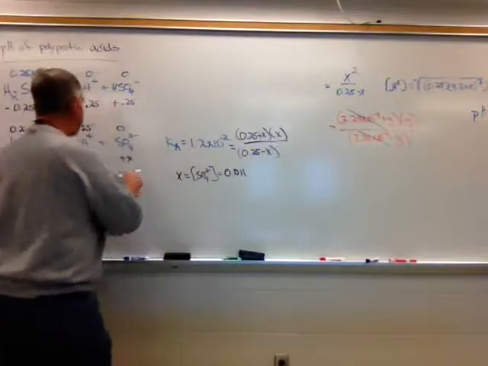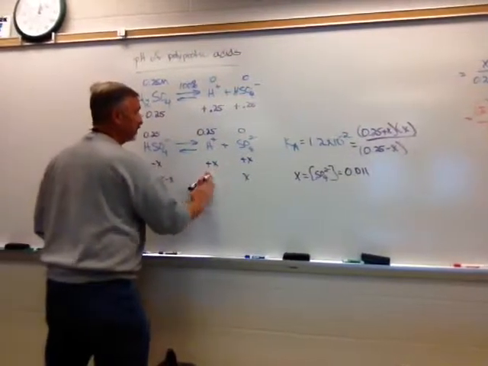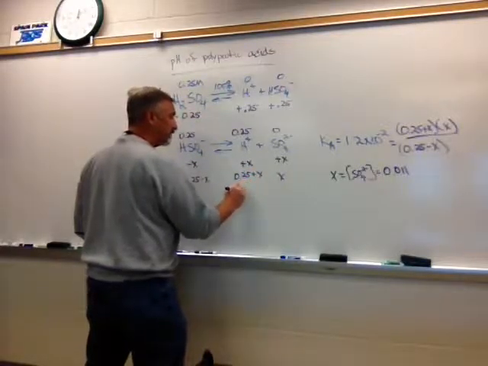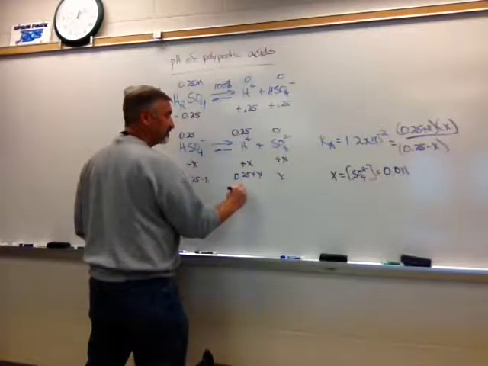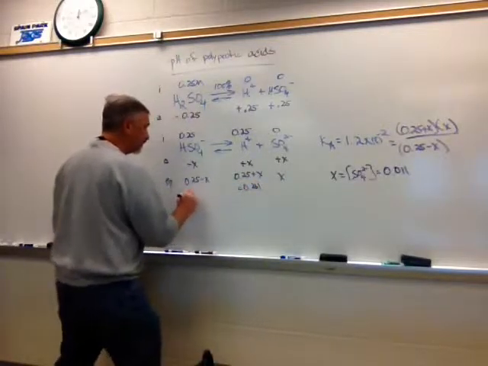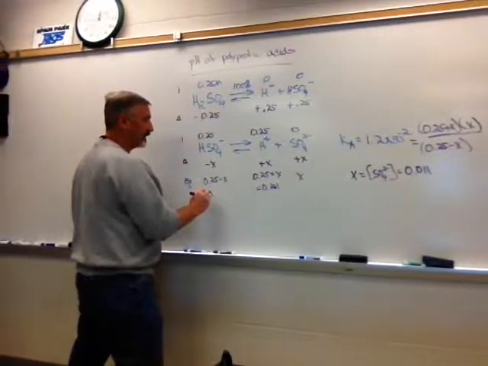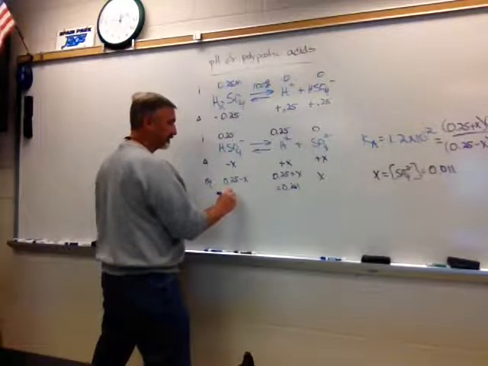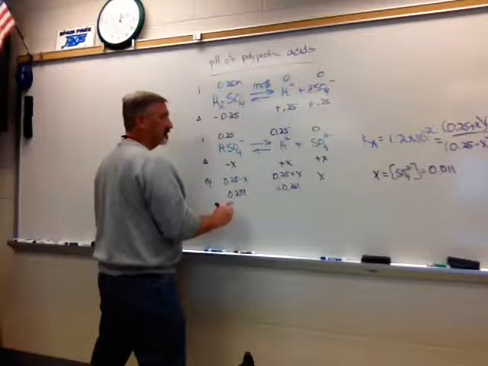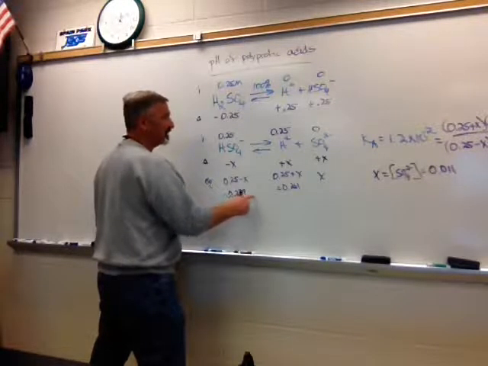So that's my x. So therefore at equilibrium, this is 0.25 plus x, so it's going to equal 0.261. And this is going to equal 0.249. Okay? So that's going to be this concentration.